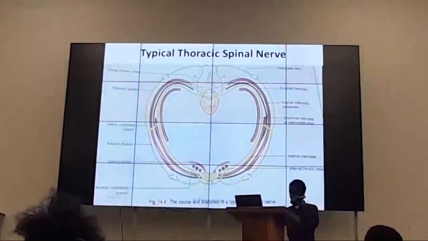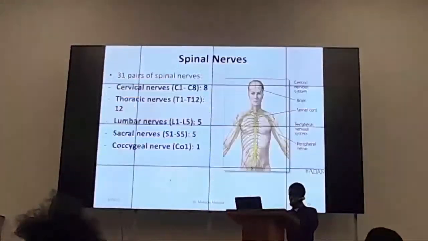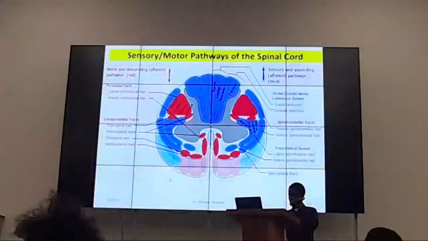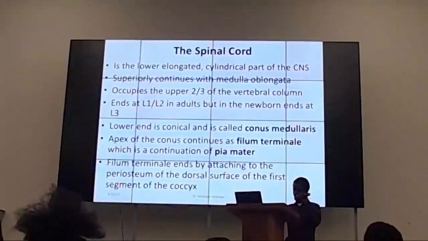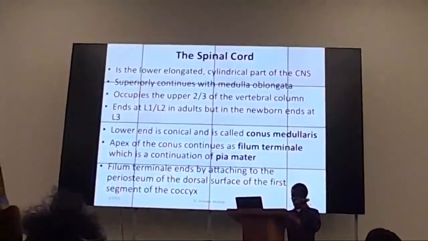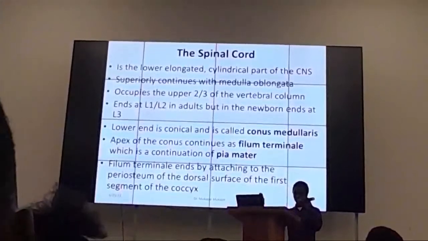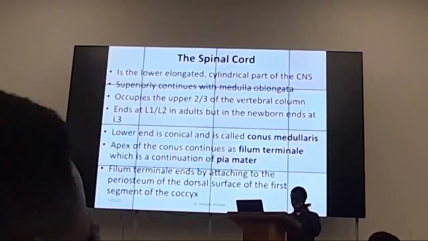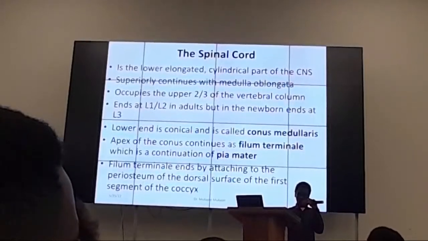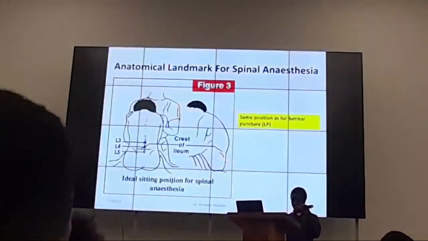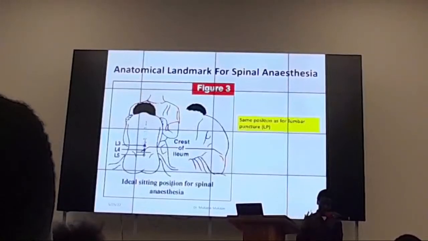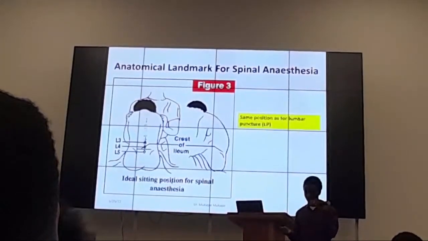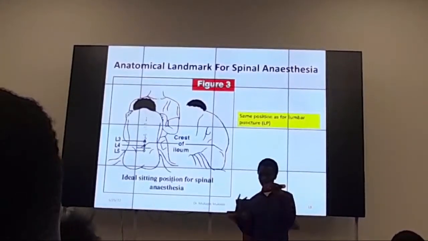Now, another feature we need to know is the termination of the spinal cord, in an adult versus a newborn. This is important in clinical practice to know the landmark for either spinal anesthesia or lumbar puncture.